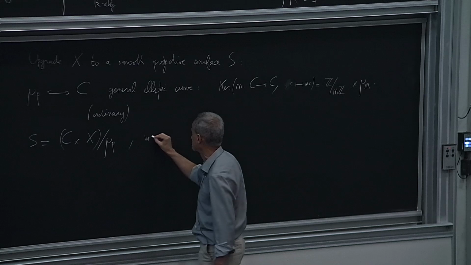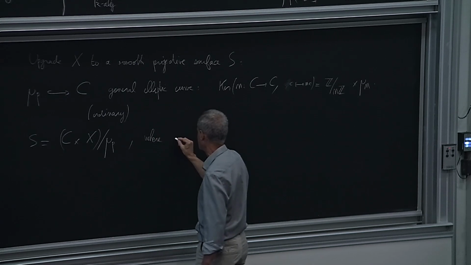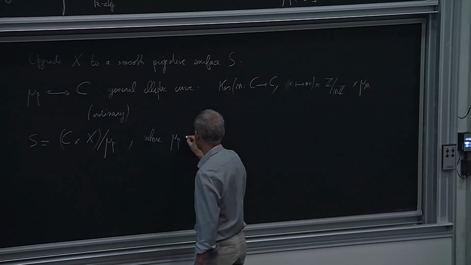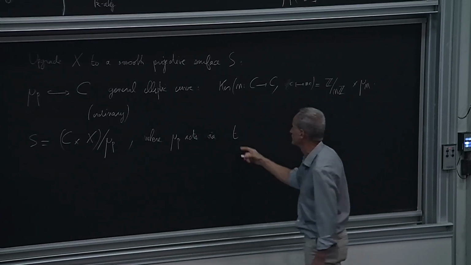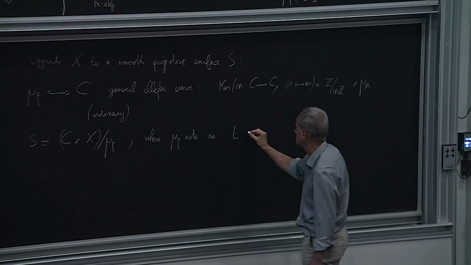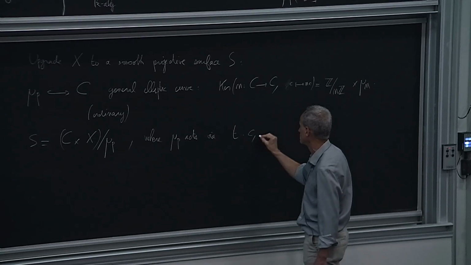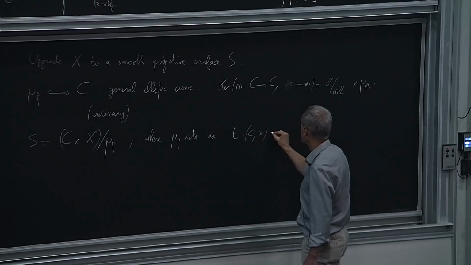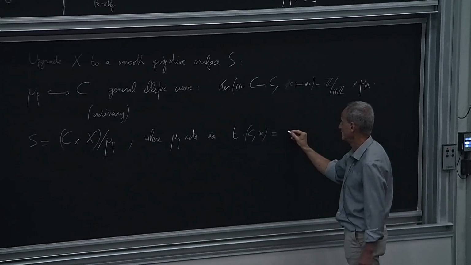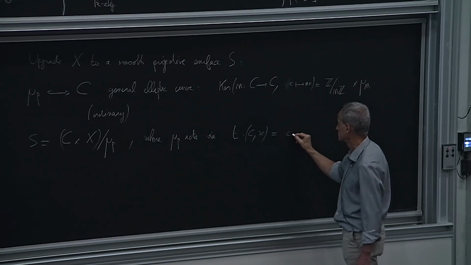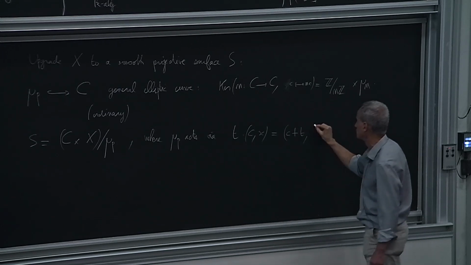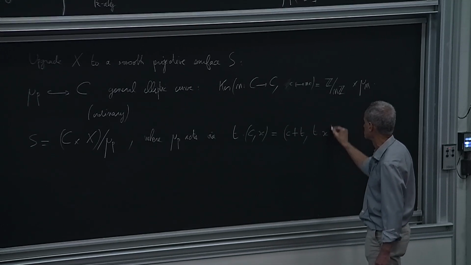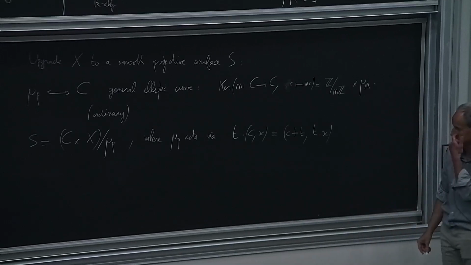So let me write explicitly the action. It is always the same. t is something in mu p, and then (c, x). So I can act on this C by translation, and on this X by the given action. Okay.